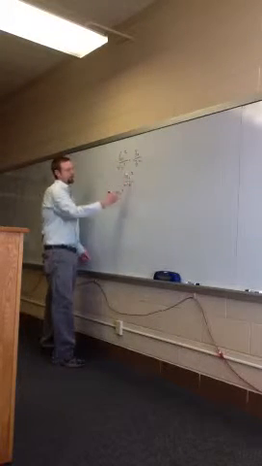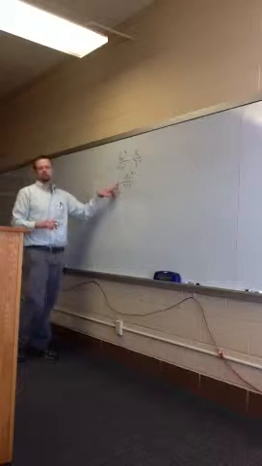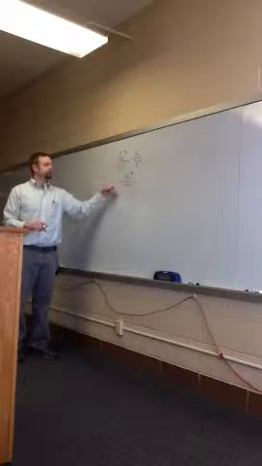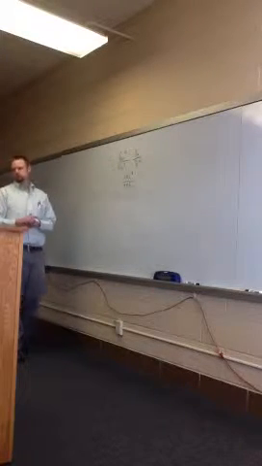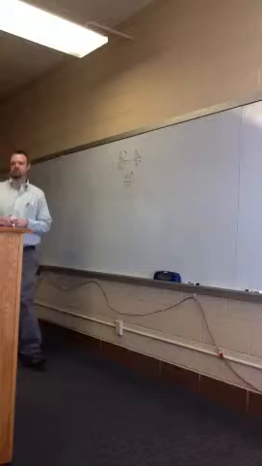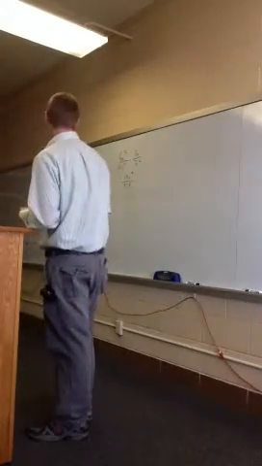Can we do anything with the variables? We can't do anything with the variables, right? But can you do anything with the numbers? No. So is this simplest form? Kind of crazy, but that's actually simplest form.